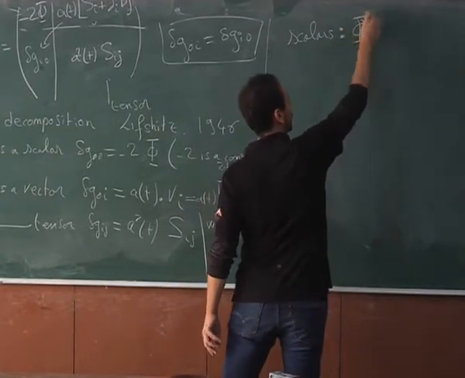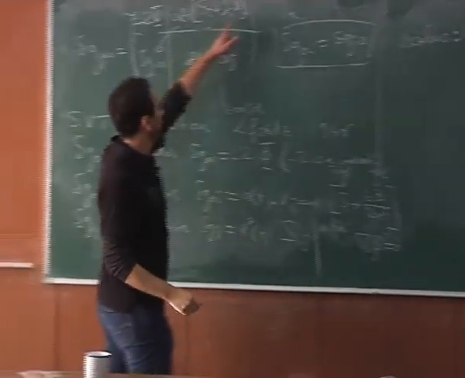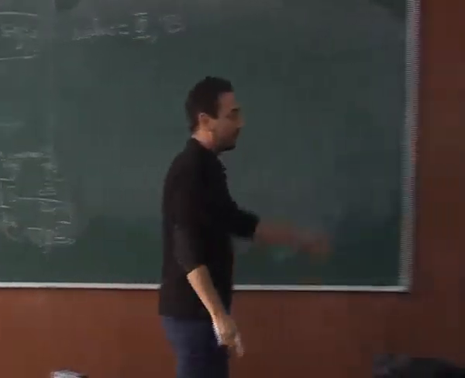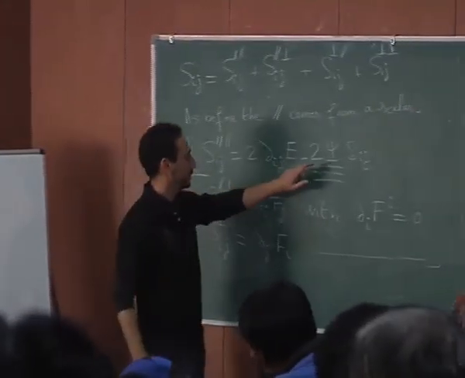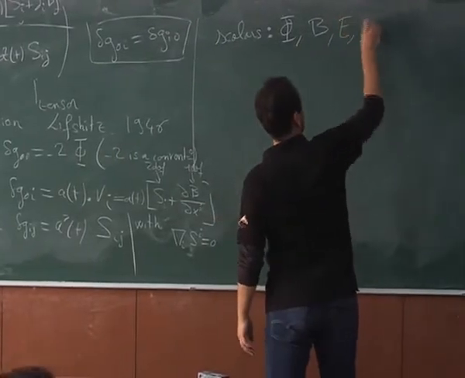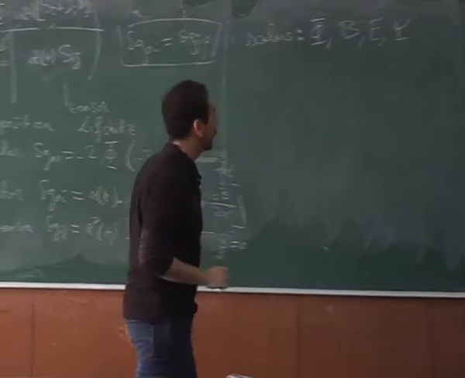We have b, which is also a scalar. And we have e and we have psi, these two scalars here. So we have four scalars actually.